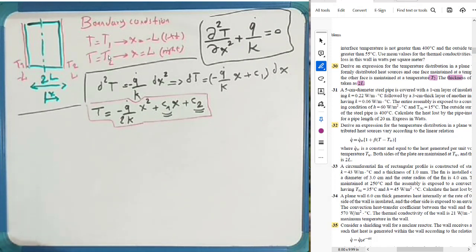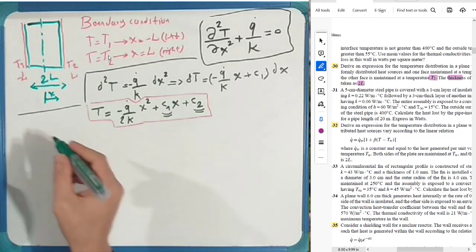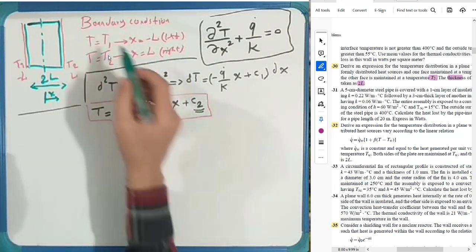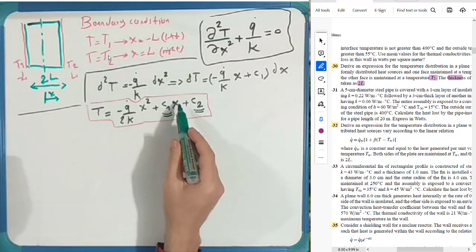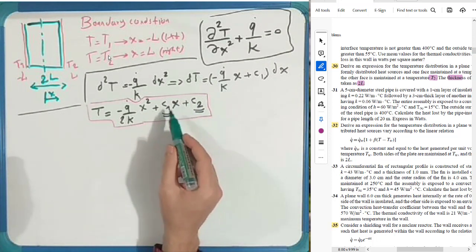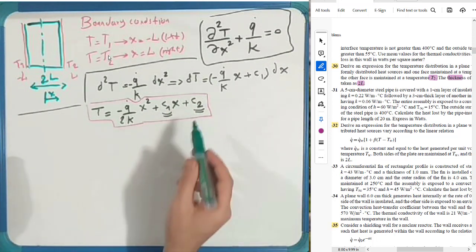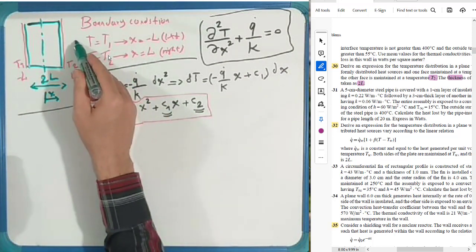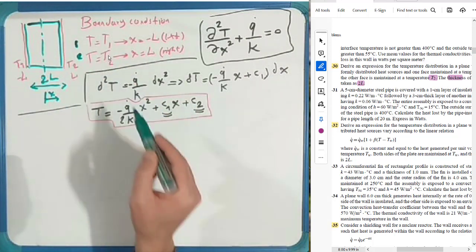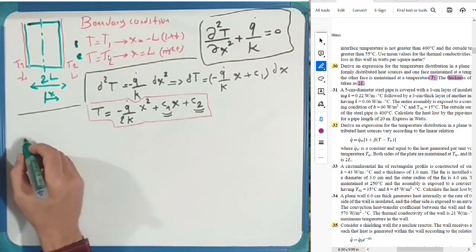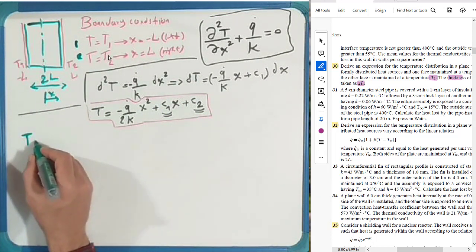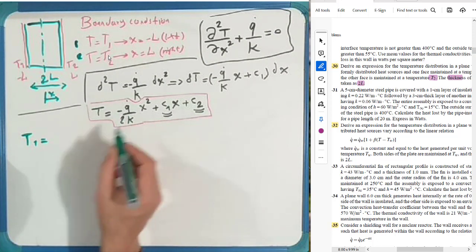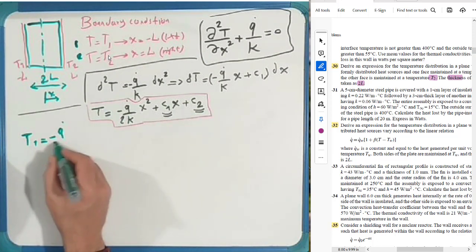Then let me continue solving it by putting the boundary conditions in this formula to calculate C1 and C2. I will put these two boundary conditions into this formula. Let me write T1 equals minus Q dot over 2K.